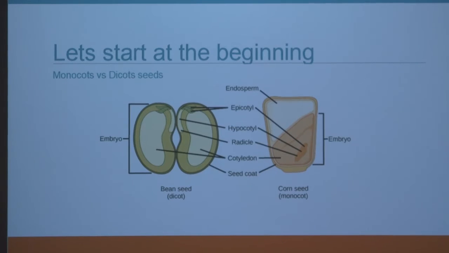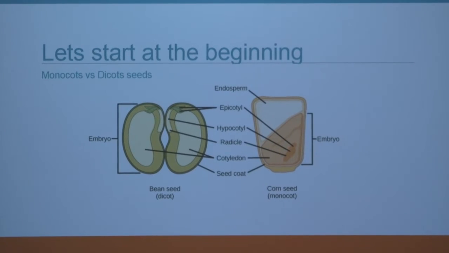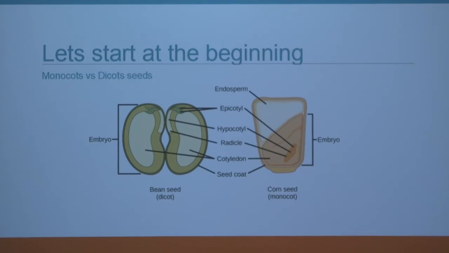The first one is the endosperm, which is basically a reservoir for the plant to grow, a bit like a chicken egg with the yolk inside it. This is what gives the plant the energy to start producing its first leaves and its first root structure. The next one coming along is the cotyledon. Gardeners among us who have grown seeds will have seen those first little leaves come up; they're called cotyledons, and they're the very first leaves.